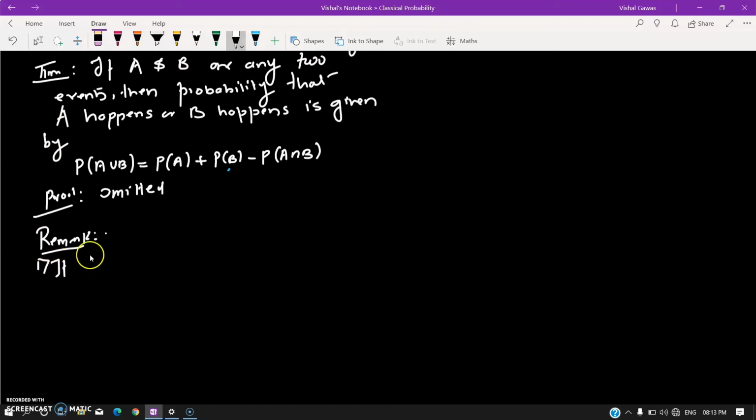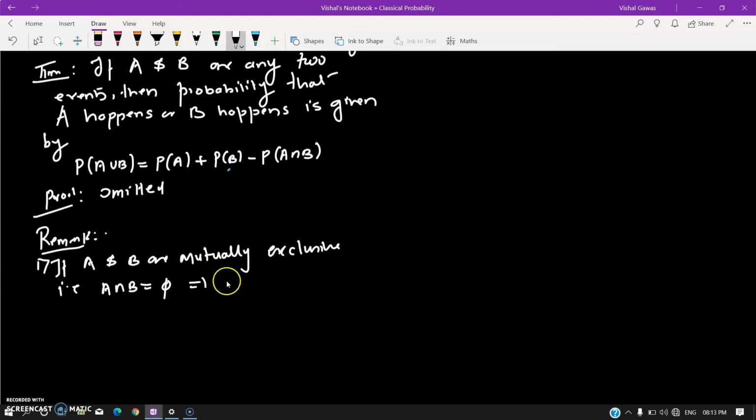If A and B are mutually exclusive, that is A intersection B is empty, it would imply that the probability of A and B happening together is zero, because they have nothing in common. Therefore, in this case, the probability of A union B becomes the probability of A plus the probability of B.